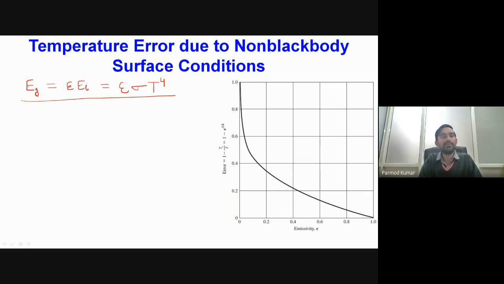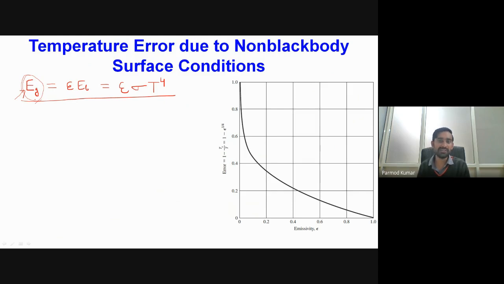Now, if we are able to measure the amount of radiation which the surface has radiated, okay, so if we are able to measure this particular value Eg, in this particular lecture we will consider that we know the value of Eg.